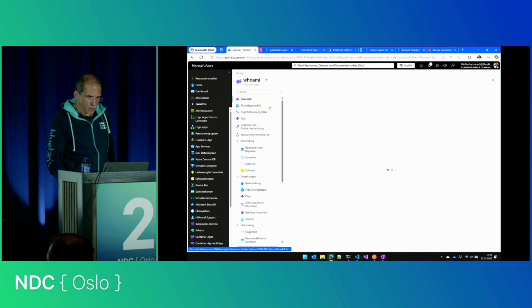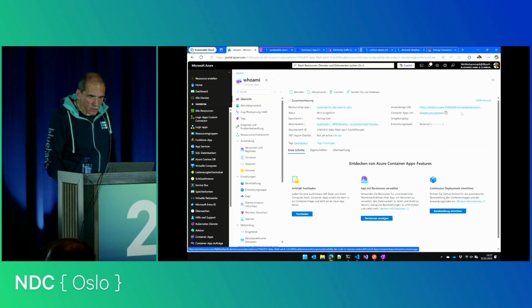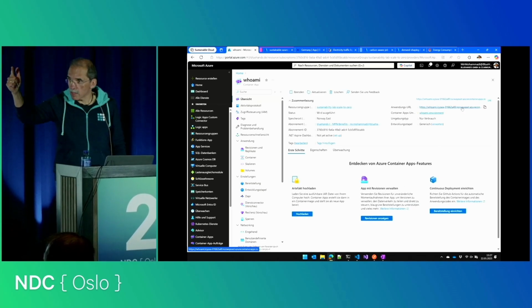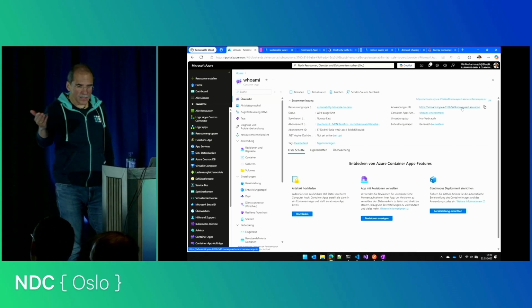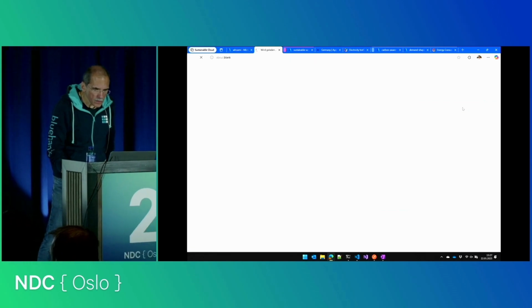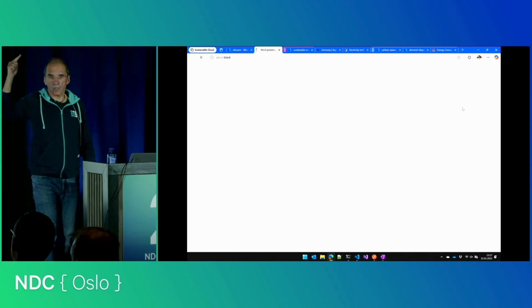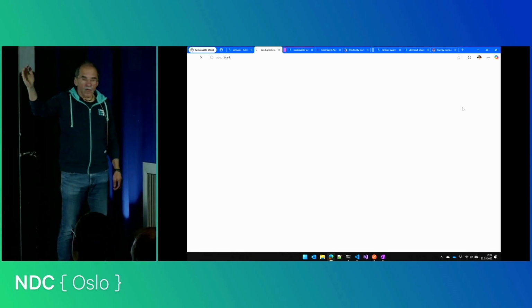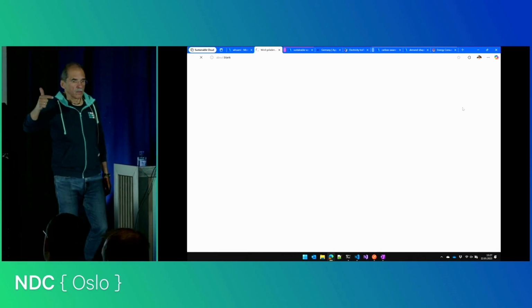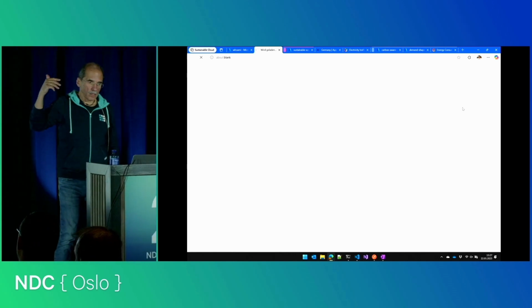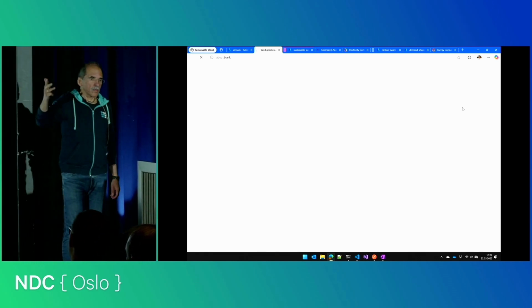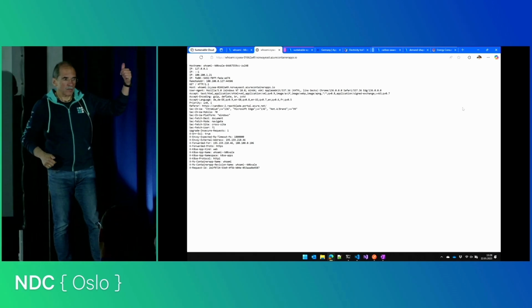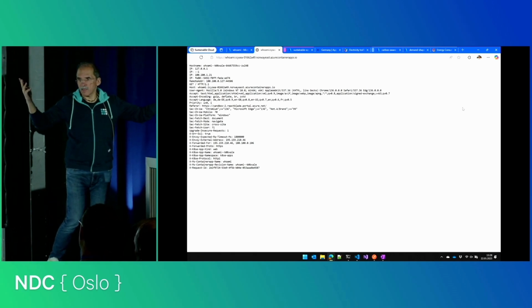I can start it, and now we count. It's a container app, a simple app service in it. Let's count. 1, 2, 5, 6, 7, 8, 9, 10, 11, 12, 13, 16 seconds.